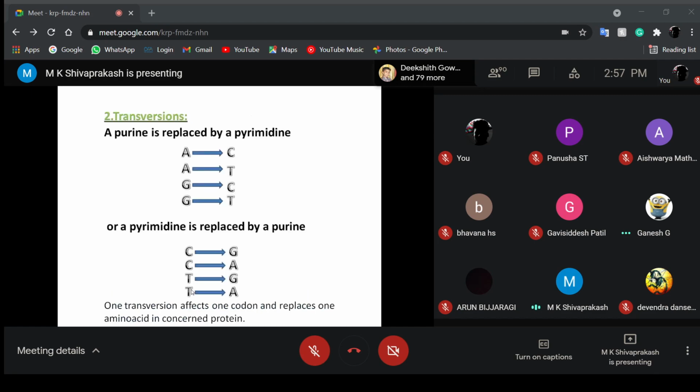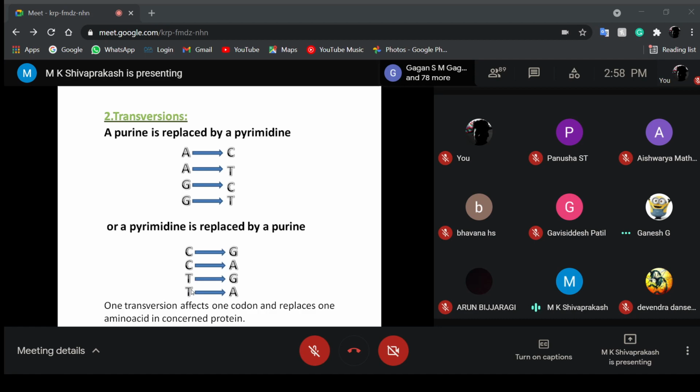Next, transversion: a purine is replaced by a pyrimidine. In the previous case it was purine for purine and pyrimidine for pyrimidine, but here, in transversion, a purine is replaced by a pyrimidine, or a pyrimidine is replaced by a purine.